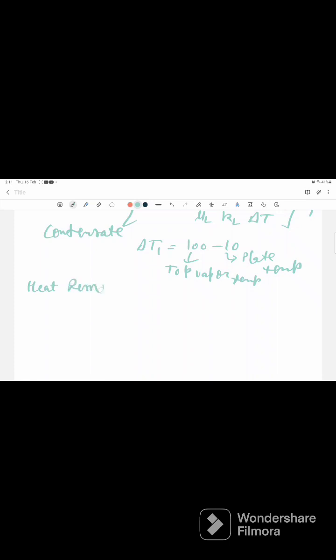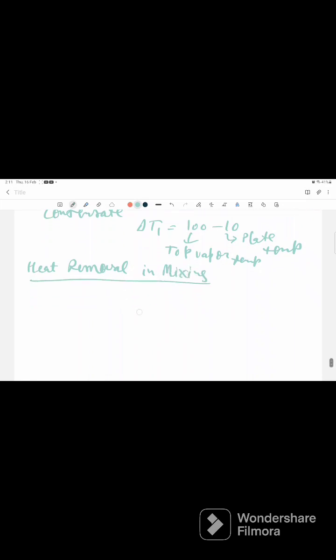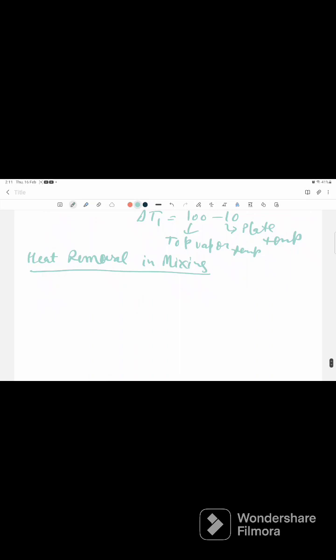Heat removal in mixing is defined as Q out: sum of NiHi out minus sum of NiHi in plus delta H mixing.